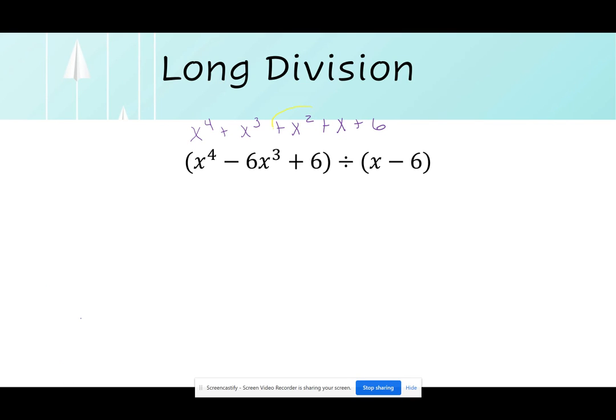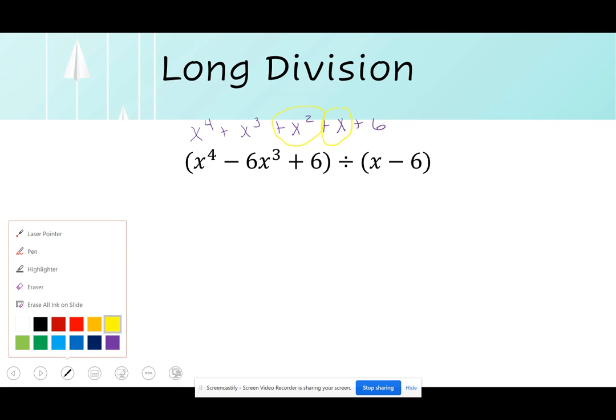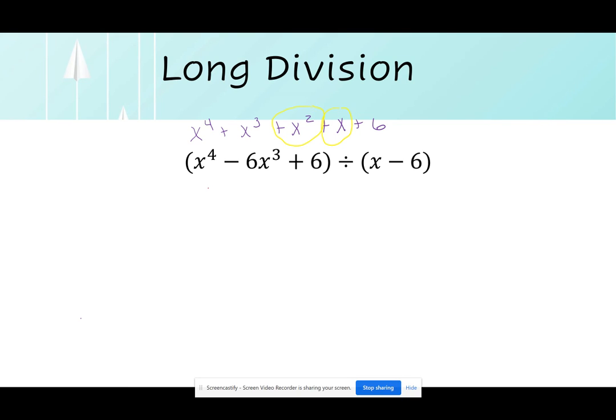We are missing this x squared term and this x term. So when we're writing this out to divide, we need to put zeros in their place. So we have x to the 4th minus 6x cubed plus 0x squared plus 0x plus 6. So you can't leave any of those terms out or it will mess you up.